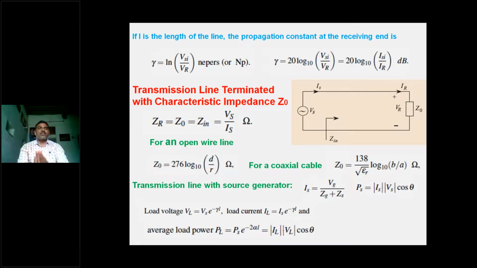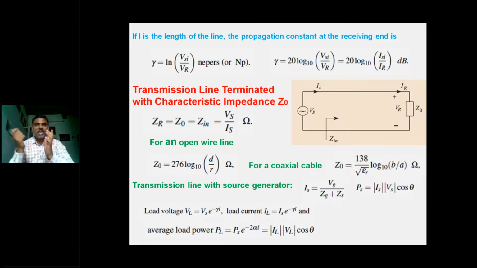Okay. And if any transmission line is terminated with the characteristic impedance, that means the load is equivalent to the characteristic impedance, then we can call that a matched transmission line, and that will behave like an infinite transmission line. So instead of taking an infinite length transmission line, if the transmission line is connected to a load of its corresponding characteristic impedance, then it will behave like an infinite line.